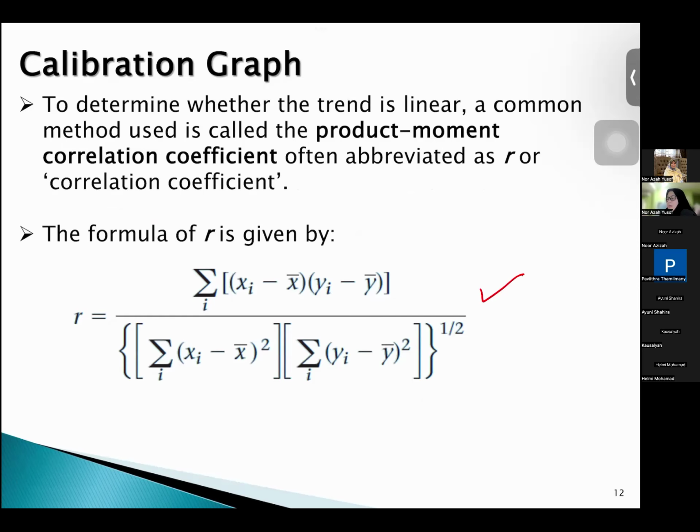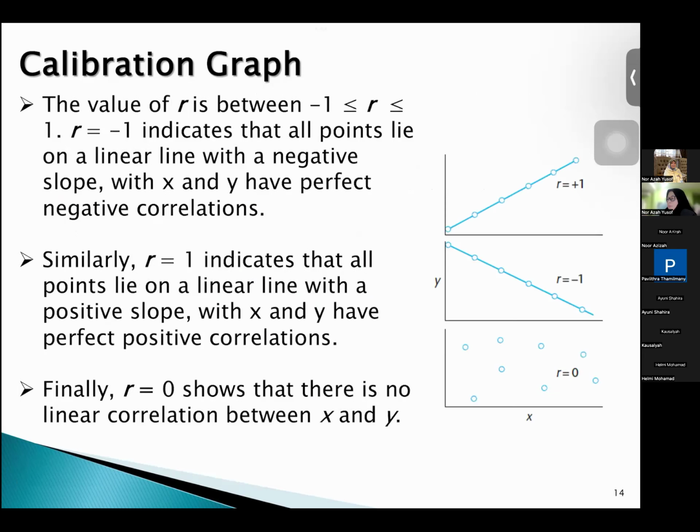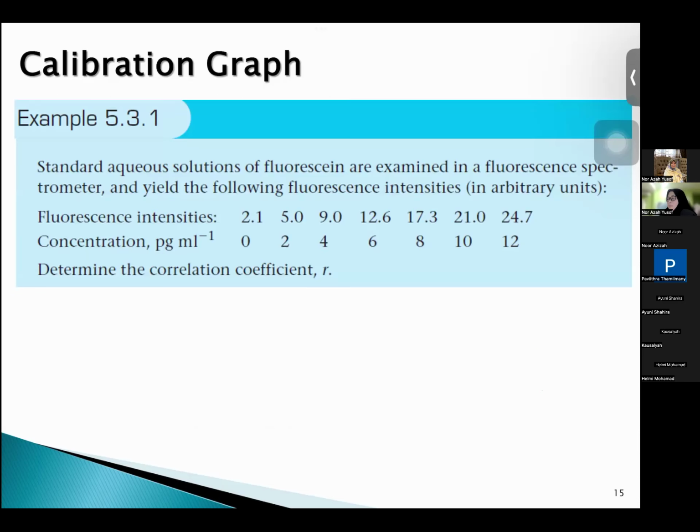Remember, this is our correlation coefficient. There is some difference with regression, so I will show the differences of correlation and regression at the end of this slide. This is about the value of R just now.